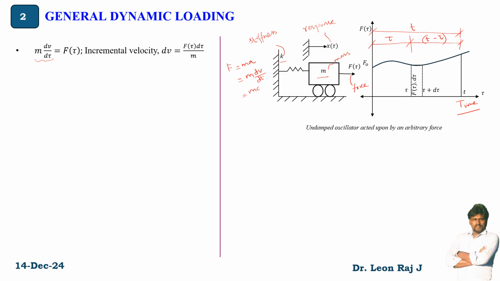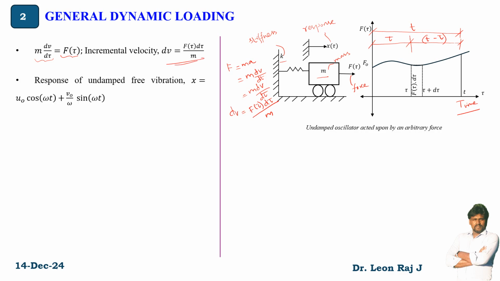So m into dv by d tau is equal to the force. So the incremental velocity dv equals f of tau, F being a function of tau, d tau divided by m. So this is the incremental velocity.